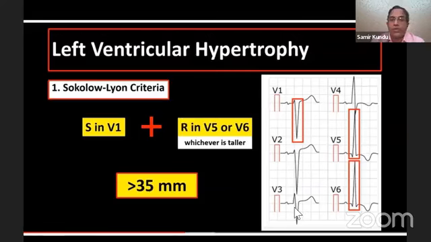So this is the Sokolow-Lyon criteria: the highest of V5 and V6 plus the S wave in V1 greater than or equal to 35 millimeters indicates left ventricular hypertrophy.